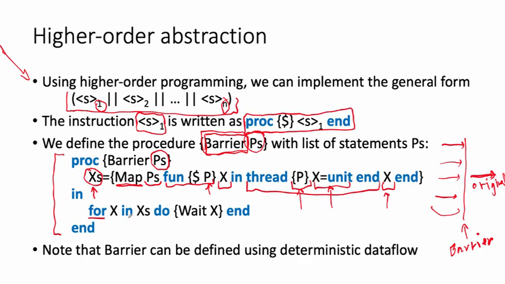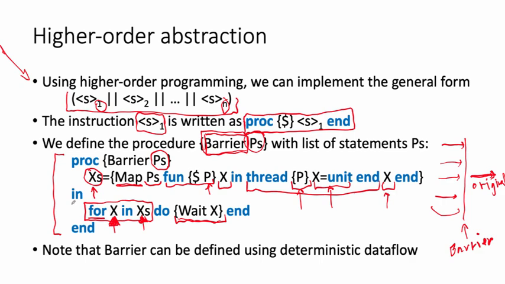And then we will have this for statement. This is basically a for all. This will execute the body for all the elements of XS. So for each variable X in XS, so here I'm introducing X. So here it's like a local statement. I'm introducing X, I'm defining it, and the for will do waits for every X in XS.